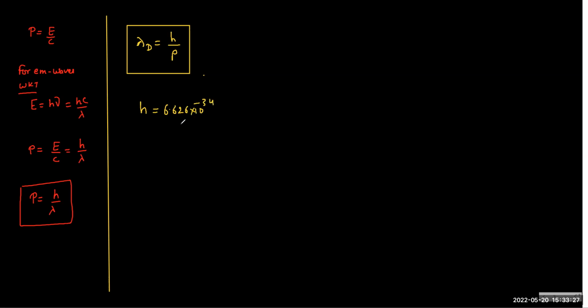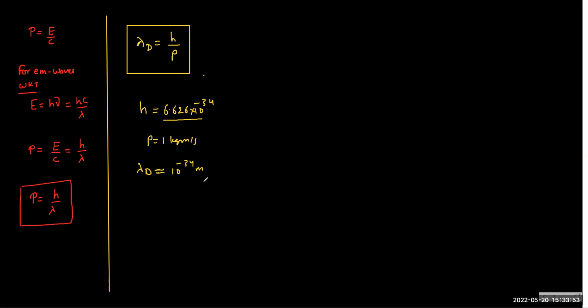In real life, even if you take a particle of a few grams, it will not make the lambda large. Let's say if I take p equals 1 kg meter per second, the order of lambda is 10 to the power minus 34 meter.